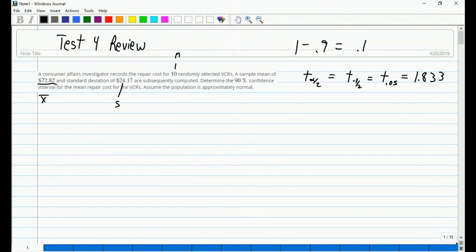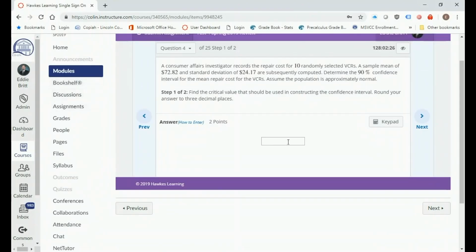Remember the formula is, I believe, x bar plus or minus t sub alpha over 2 times s divided by the square root of n. I think the first step on the problem was to just put in the critical number, so let's put that in first, and then I'm pretty sure it's going to ask me to do the confidence interval.